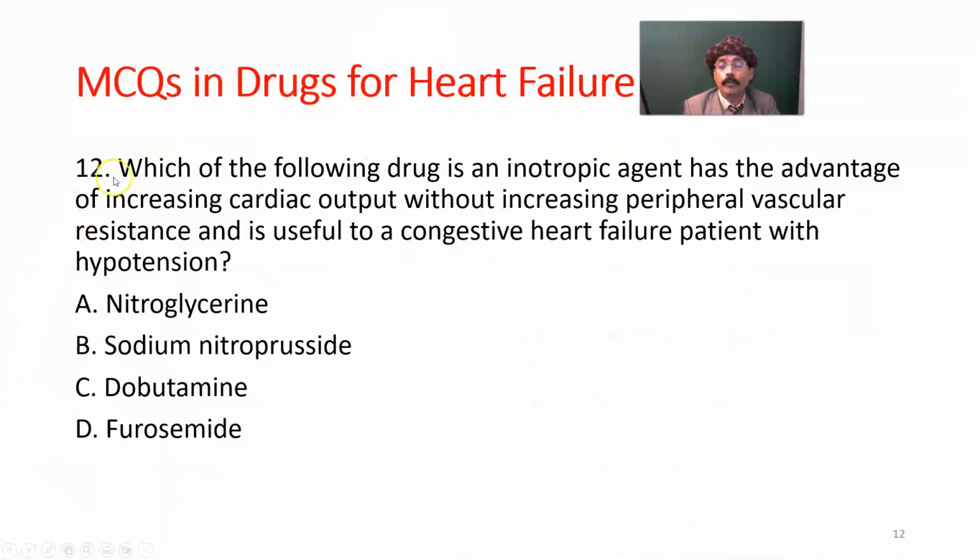Question number 12. Which of the following drugs is an inotropic agent, has the advantage of increasing cardiac output without increasing peripheral vascular resistance, and is useful to a congestive heart failure patient with hypotension?